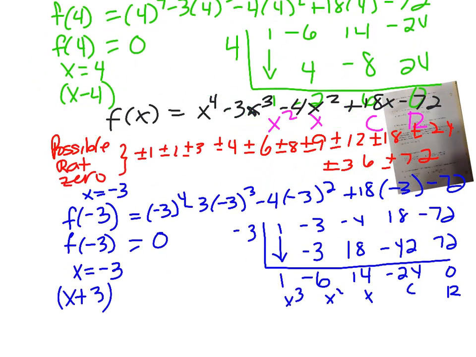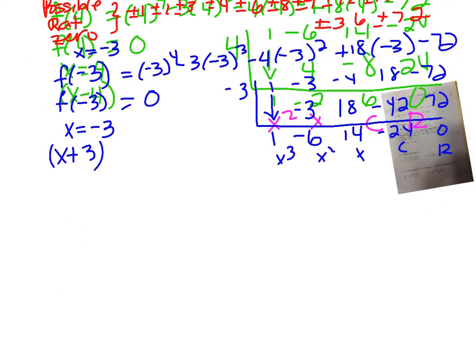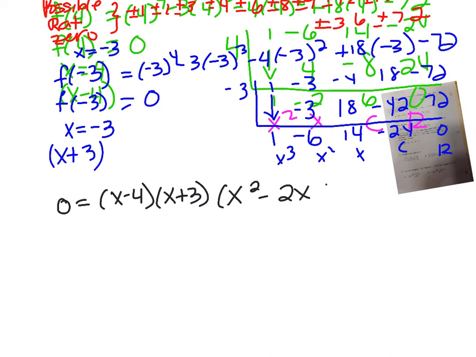Okay, so hold on. I'm running out of room here. All right, so let's see what we have so far. Here's my polynomial. 0 equals, we had x minus 4 as a factor, x plus 3 is a factor, and now we have x squared minus 2x plus 6 equals 0. I already have it on the other side.